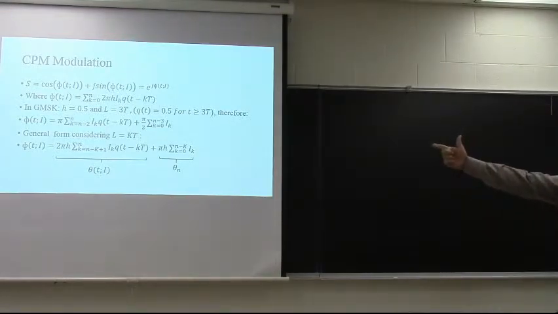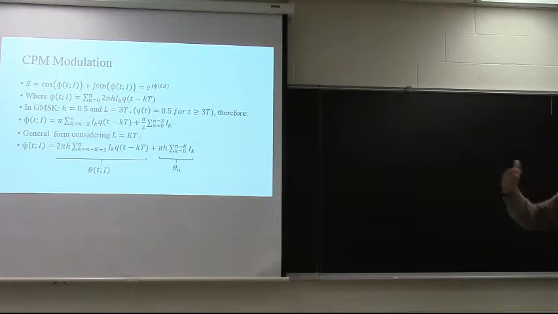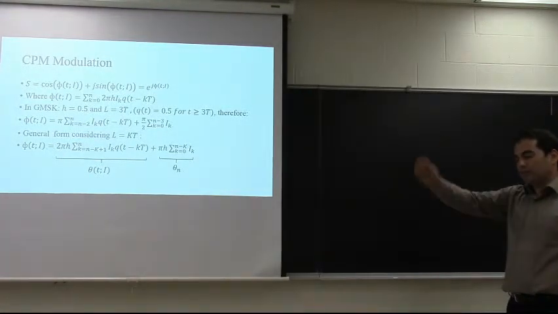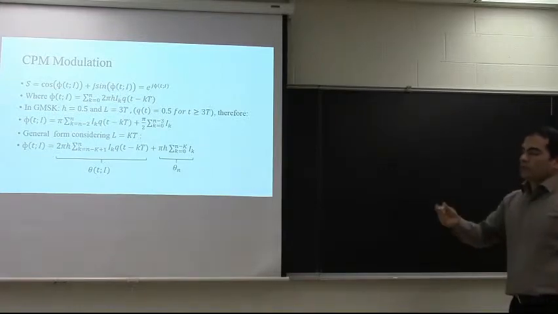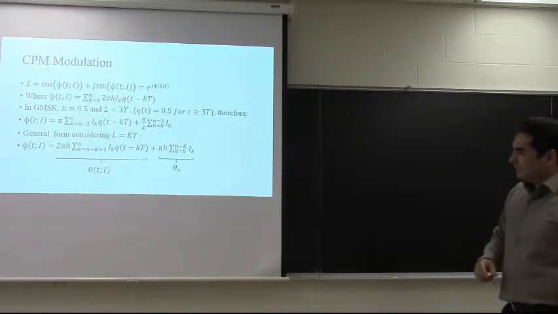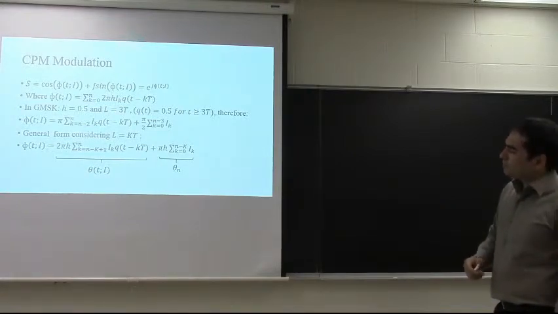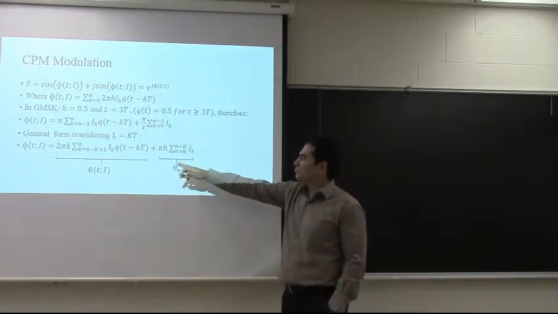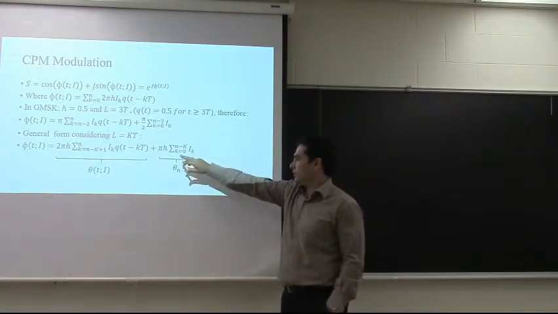But here, as you can see, the q of t as a filter is from 0 to whatever; it's infinite length. Then we need to do something. The point is that we can divide phi of t and I into two parts. This part is not a function of q.